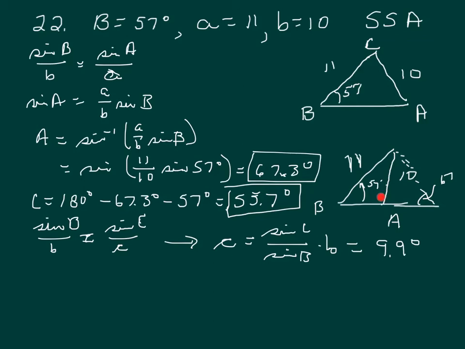In the second triangle, this angle A is obtuse. But look what we did. We took this, which was determined here, A, to be 67.3 degrees, and we moved it back inside. So this angle is 67.3 degrees, but when we move it back inside, this angle is also 67.3 degrees. This total angle is 180 degrees.